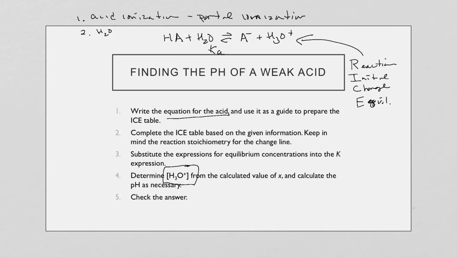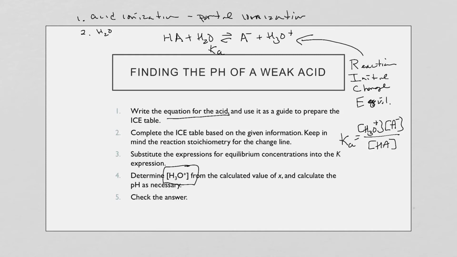The nice part about this is that a lot of these are the same, meaning that our Ka always has fundamentally the same kind of idea, in that it always has hydronium ion concentration on the top, along with whatever the conjugate base of our acid is. And on the bottom is going to be the concentration of our weak acid.